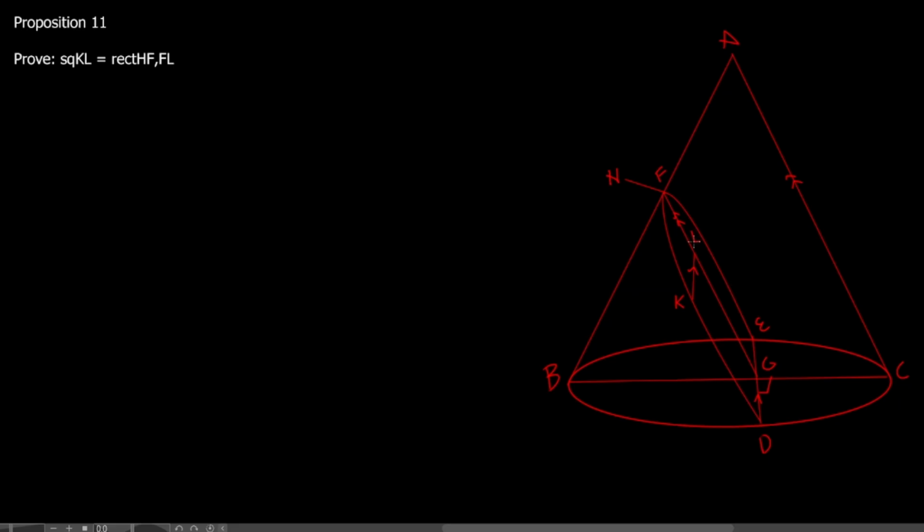Okay, welcome to the proof part of the proof. The first thing we're going to do is draw a line through L, which is parallel to BC. Okay, so we're going to label this MN.